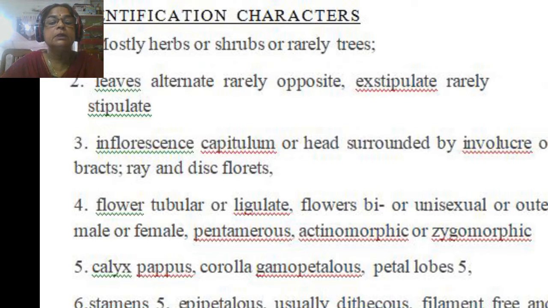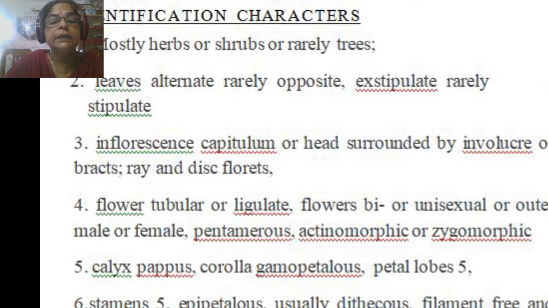The dominating habit is the herb habit. Second are the leaves. The leaves are alternate and rarely opposite. They are exstipulate and rarely stipulate.